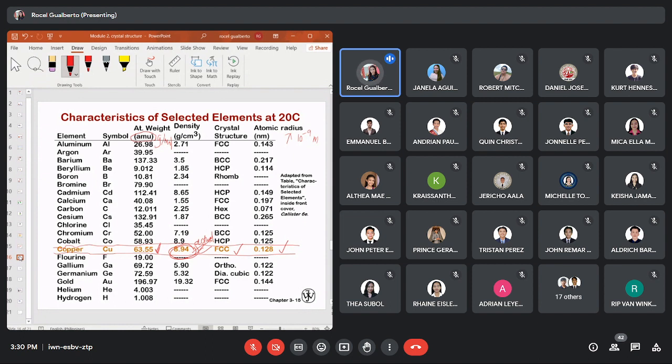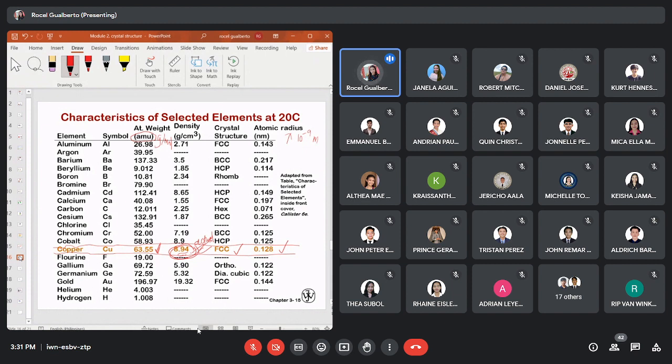Upon knowing the theoretical density, we will be comparing it with the actual. Is it comparable? Is our answer valid? We will look at the percentage error, to see how far or how close the value we obtained is versus this actual value of 8.94.